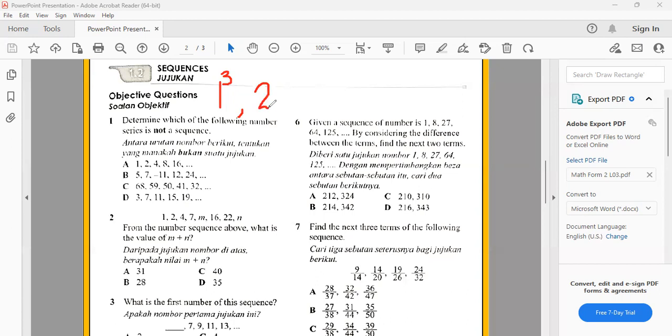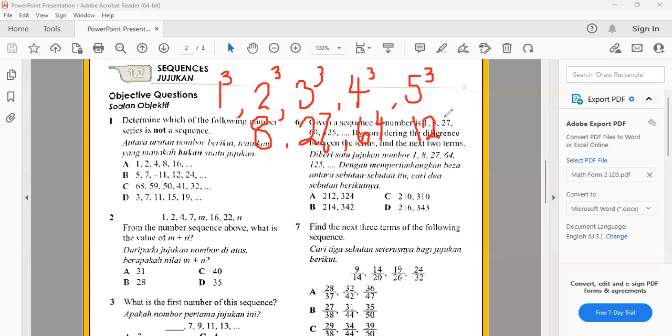Then 2 to the power of 3 is 8. Then 3 to the power of 3 is 27. Then 4 to the power of 3 is 64, that means 4 times 4 times 4, girls. Then 5 to the power of 3 is 125.